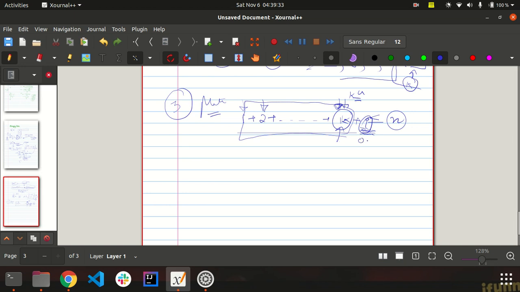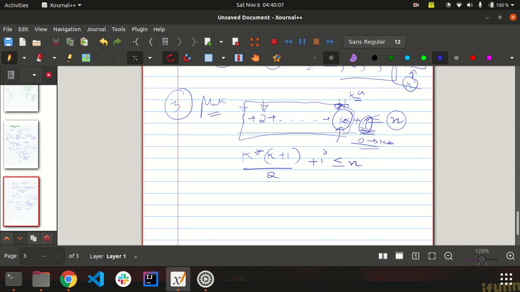This can be 0 to k. Now we know sum of n natural numbers can be written as k into k plus 1 upon 2, right? Plus some number i.